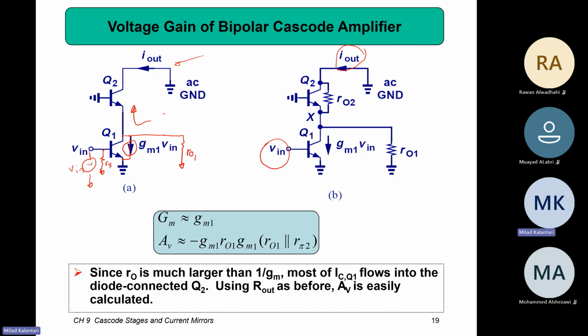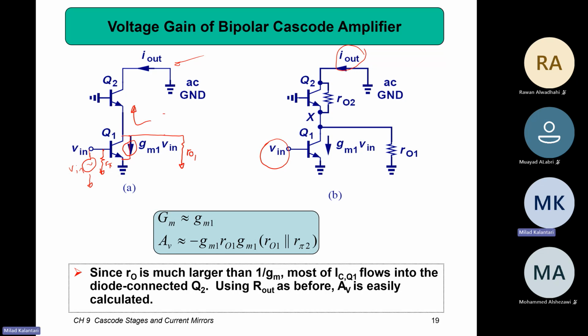Once we are looking at the emitter, what impedance are we seeing? Do you remember? It is 1 over Gm, right?